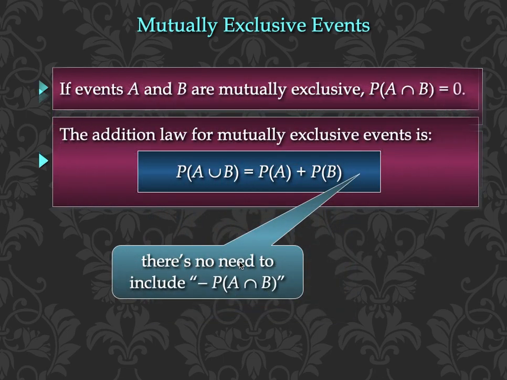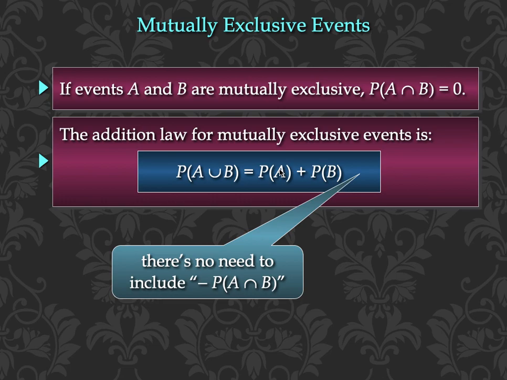Now, with our addition rule or addition law that was presented earlier, the addition law for mutually exclusive events will be given by the following. Since the events are mutually exclusive and do not overlap, the probability of their intersection will be equal to zero.